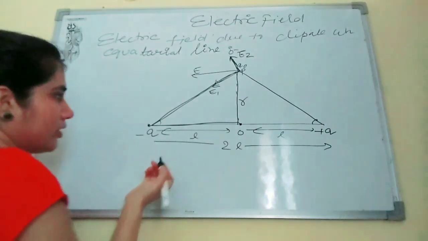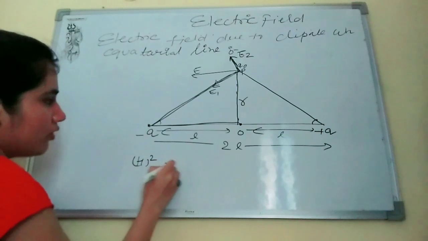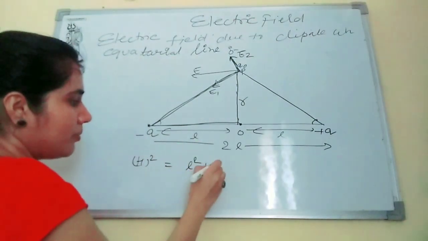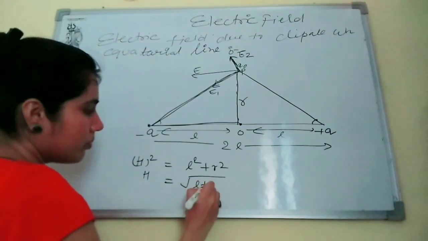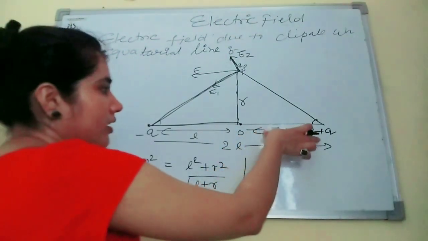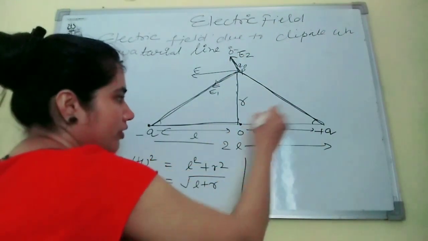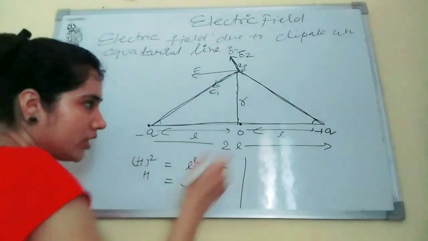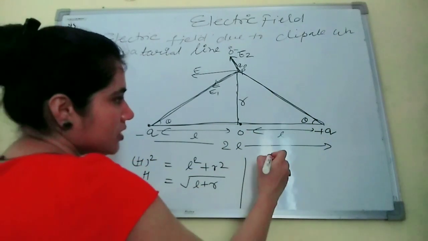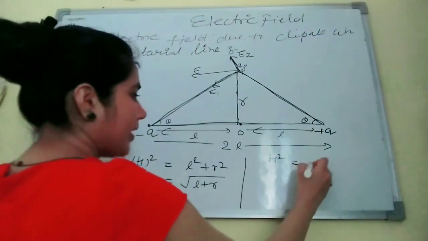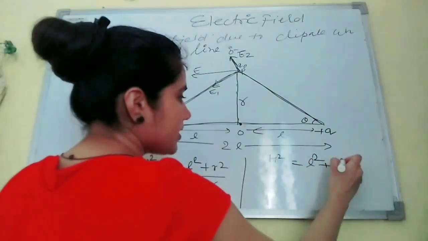Applying the Pythagoras theorem, h square equals L square plus R square. This other triangle is also a right angle triangle, so we apply the Pythagoras theorem here too. Suppose this is theta, this is theta. The hypotenuse will be L square plus R square, because this is L, this is R.